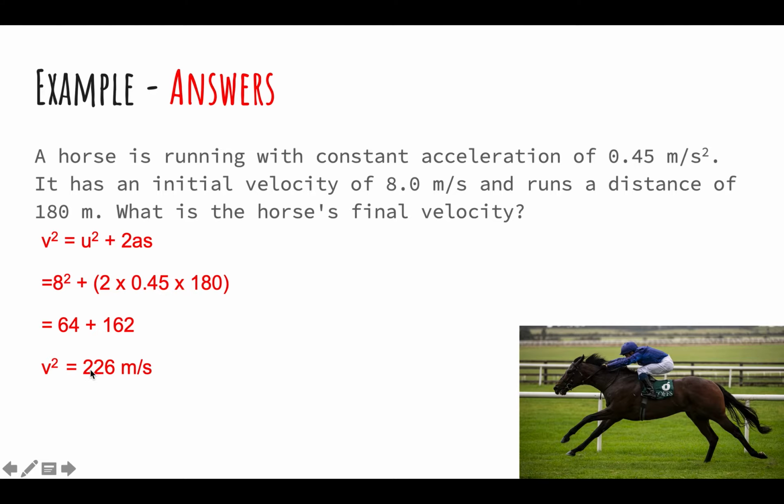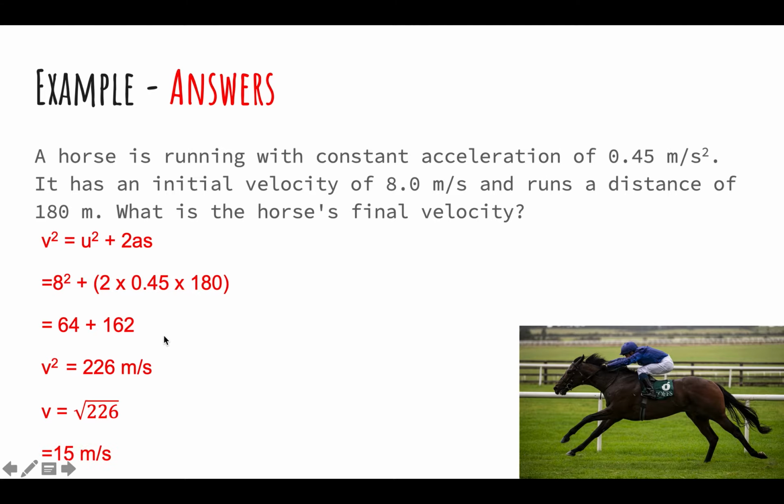Okay, so that's 2 times 100 meters and 26 meters per second. So that'd be 2 lots of 100 meters and 26 meters in a second, which no horse can run that quickly. Okay, so now to find v, we square root that.